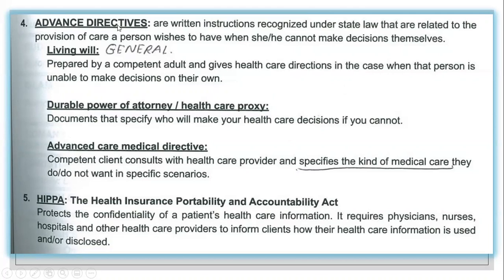Advanced directives include living will, durable power of attorney, also advanced care medical directives. So advanced directives are written instructions recognized under state law that are related to the provision of care a person wishes to have when he or she cannot make the decision by themselves.